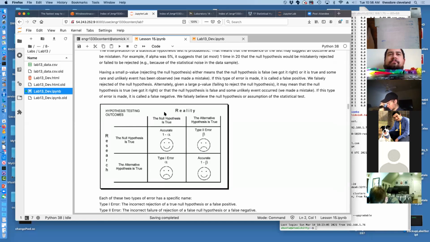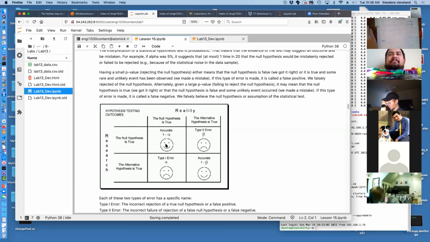So this column represents what's really happening, and these rows represent what we observe from our data. So we go ahead and we collect a sample, and we test the sample with a test, and we conclude that we do not reject the null hypothesis.